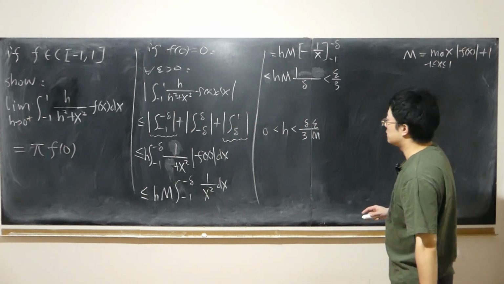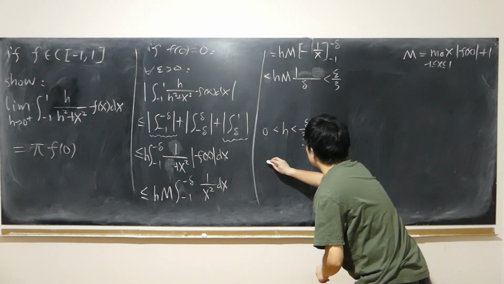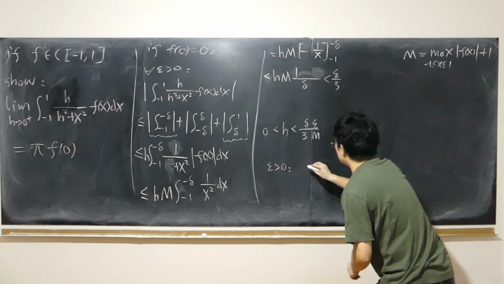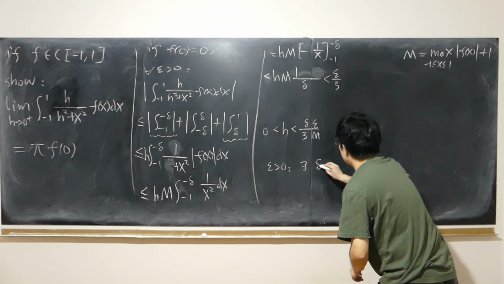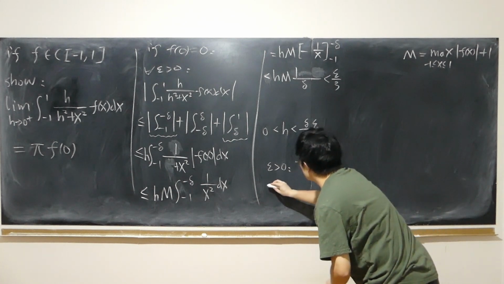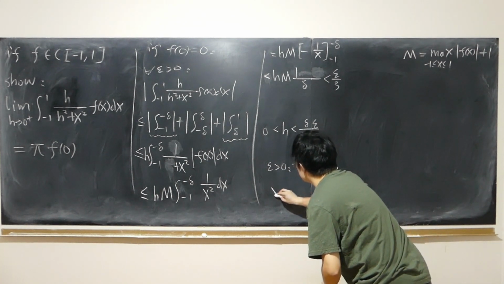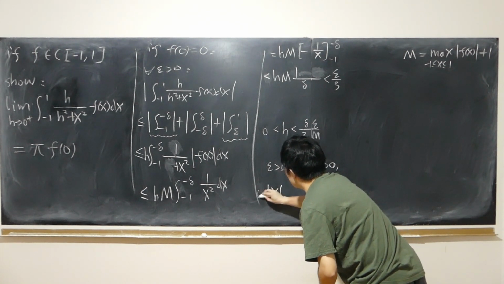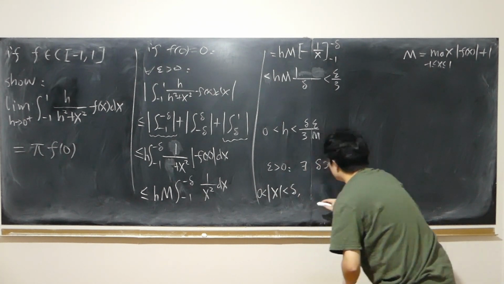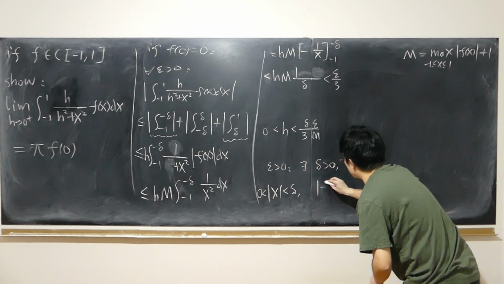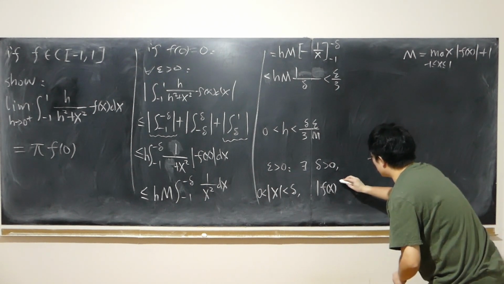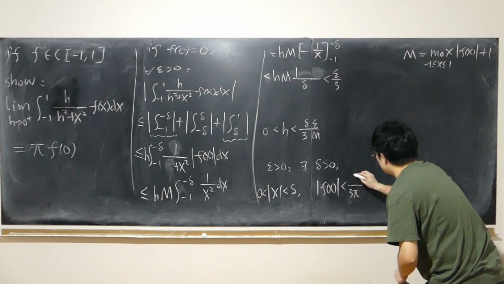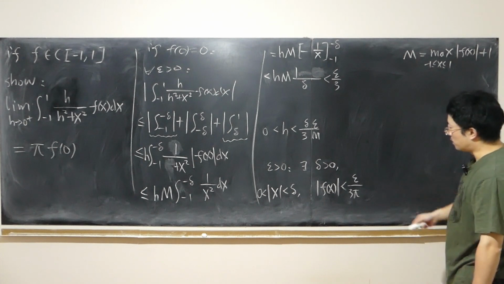I can make sure that I can find a delta greater than 0, so that as long as the absolute value of x minus 0 is greater than 0 and smaller than delta, I can always make sure that the absolute value of f of x minus 0 can be smaller than epsilon over 3 pi.